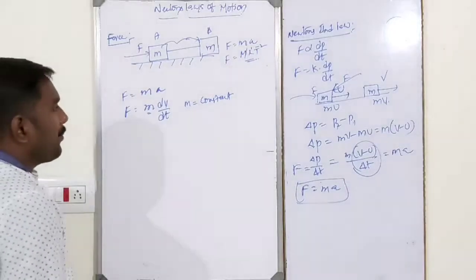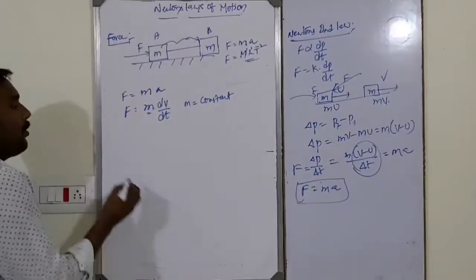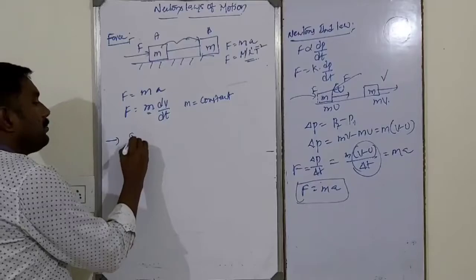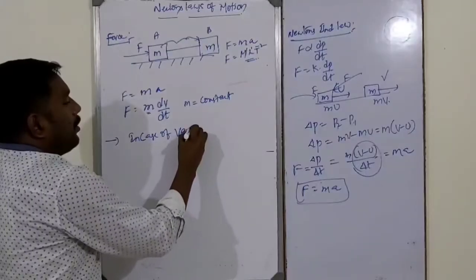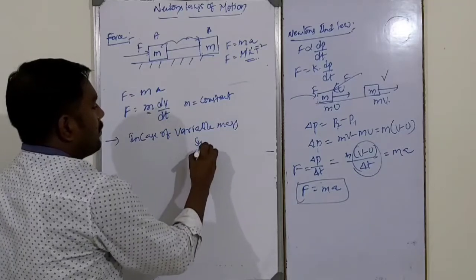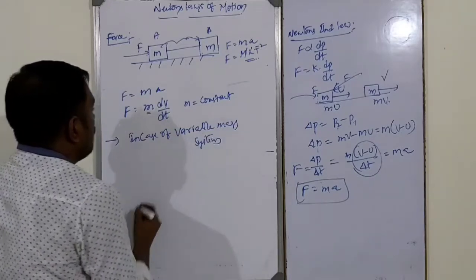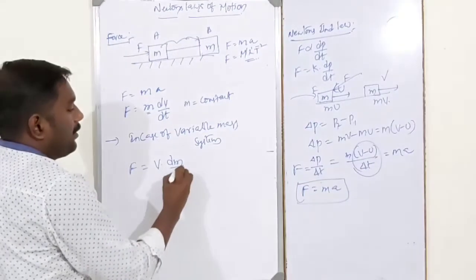Now, in case of a variable mass system, F is equal to V into dm by dt.